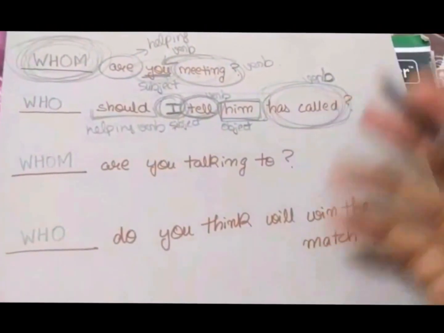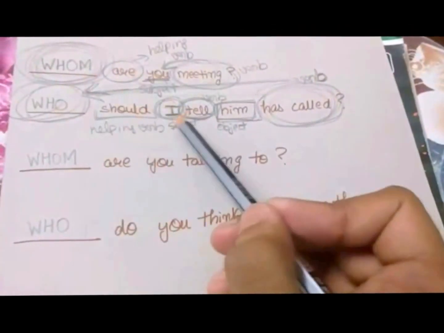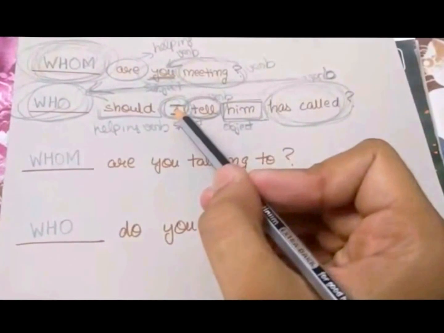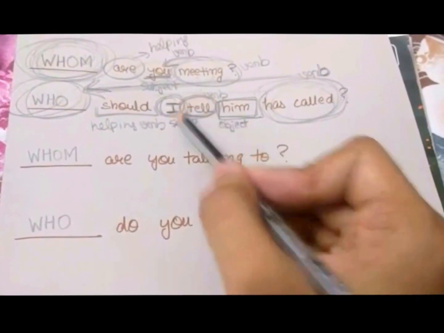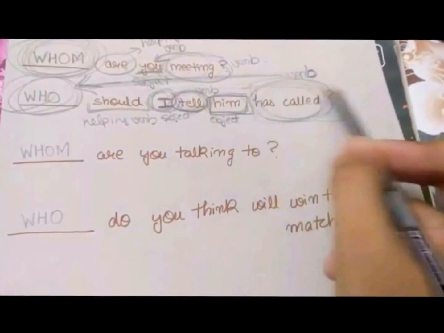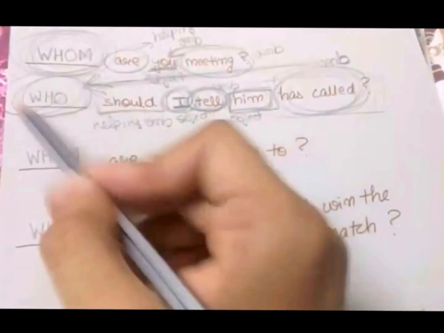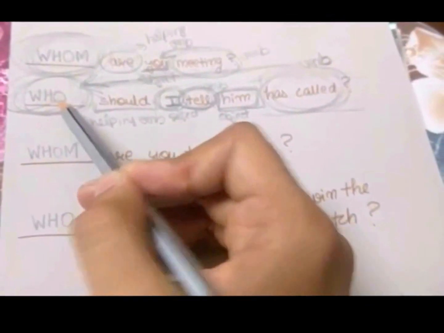So in this sentence, we can see that has called is the free verb which will be associated to this who. So who should I tell him has called? I, the subject, is having the verb tell, which has the object him, and this has called verb is free, and it will be associated with the subjective case here, who.